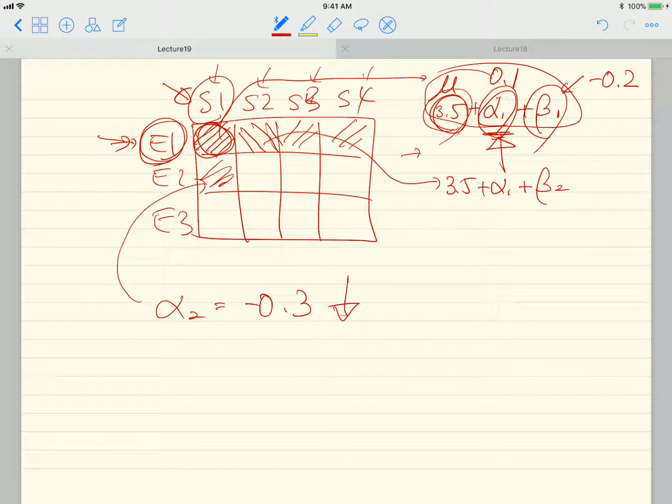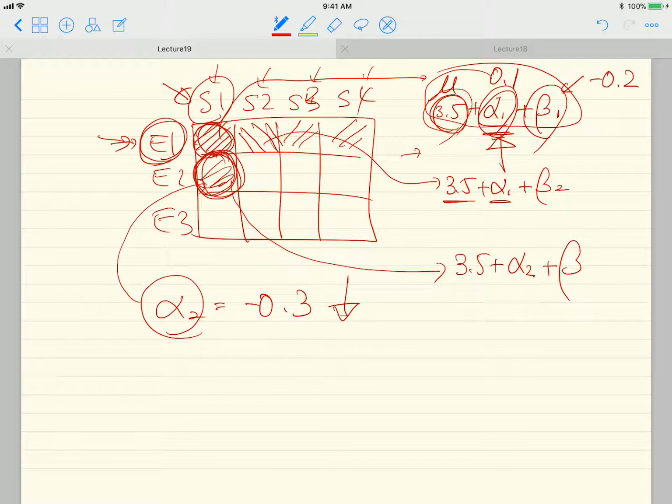And then what should be the true parameter of the mean value corresponding to this cell? We already computed that 3.5 is fixed, and now we have to apply the second exam's effect, and also the first student's effect of beta 1.